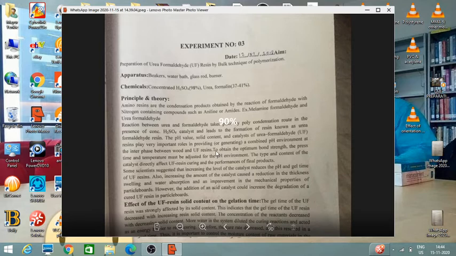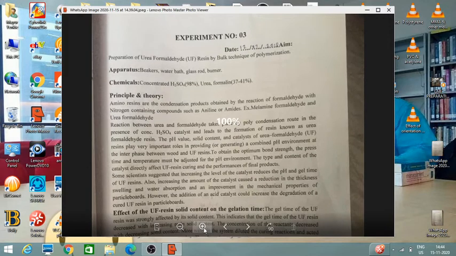So whenever you are using UF resin in making the plywood, then it plays an important role. To obtain the optimum bond strength, the press time and the temperature must be adjusted for the pH environment. The type and content of the catalyst directly affect UF resin curing and the performance of final products.